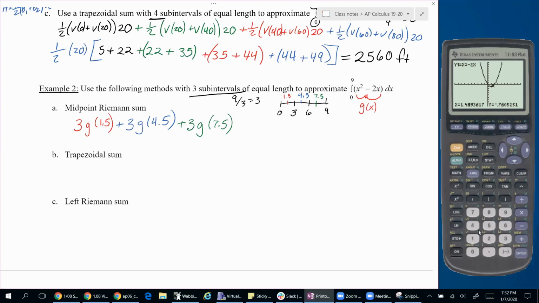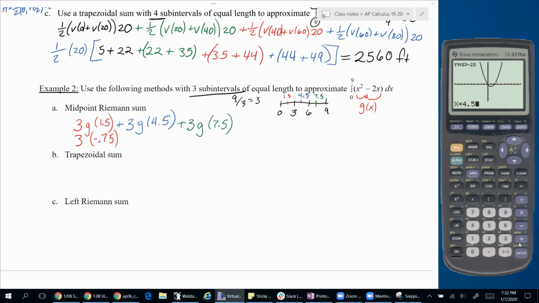So we press trace and type 1.5 and press enter. So we have 3 times, we're going to use our y value here, negative 0.75. To find the next one, we're going to type in 4.5.